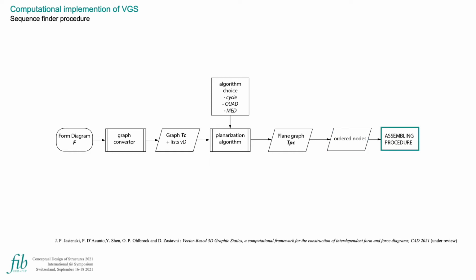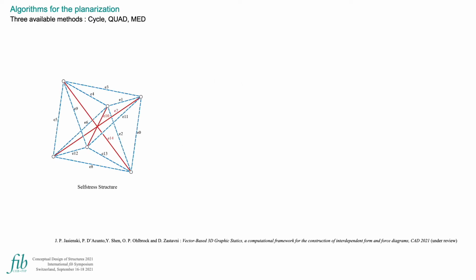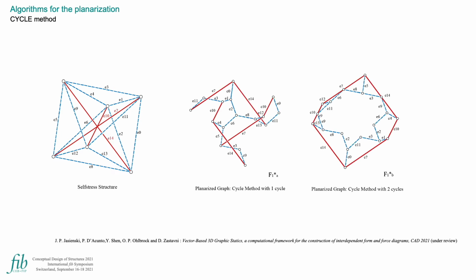Now we'll briefly overview the result of the three planarization algorithms for the same self-stressed structure. The cycle method is the closest one to the theoretical one. The planarization process consists of starting from the full topological graph and splitting edges and reconnecting them to one or more new cycles until planarity is achieved.